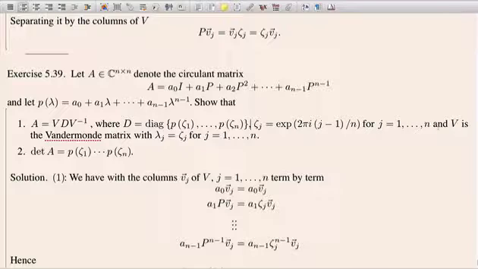In this case, j goes from 1 to n because we already subtracted 1 from j. And V is the Vandermonde matrix with lambda j equals zeta j in its entries.